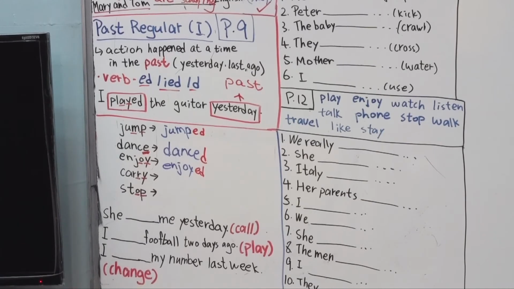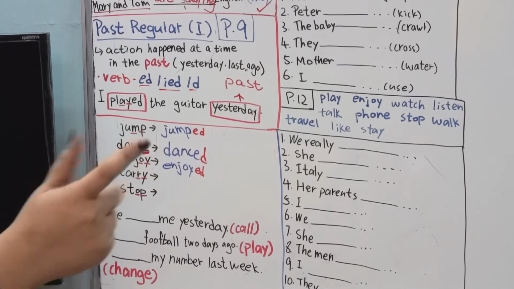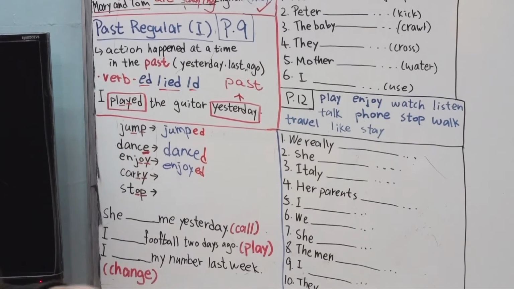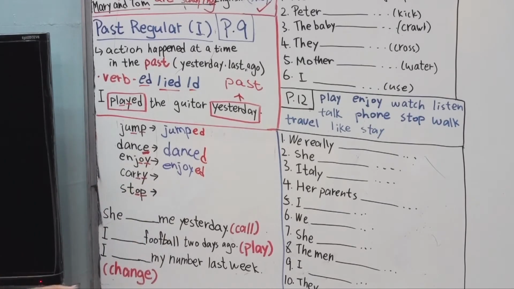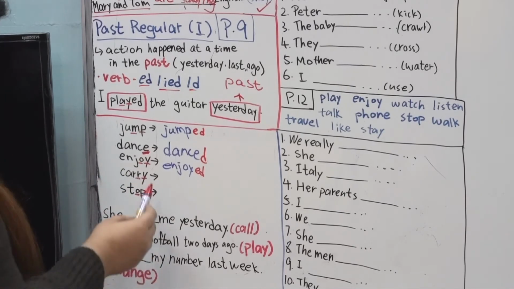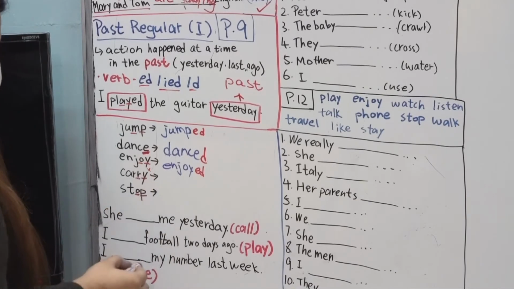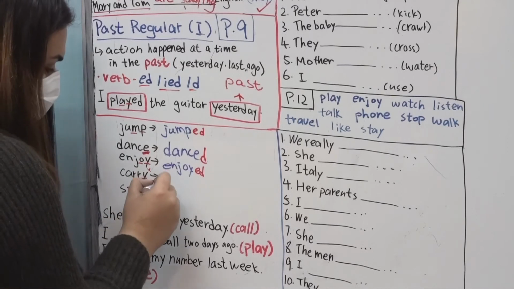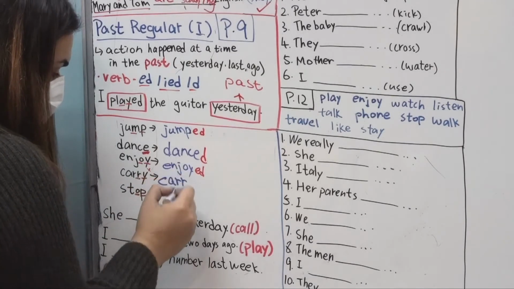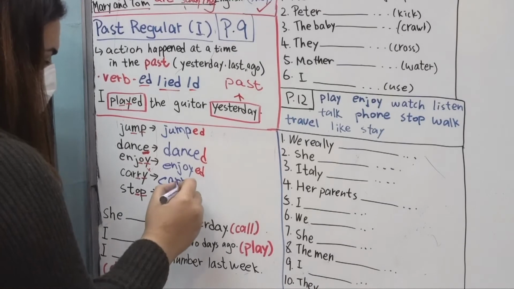A consonant means with no A-E-I-O-U sound, right? So just keep that in mind and you will remember. Consonant and Y, we have to make some changes. We have to cross out the Y and add I-E-D. Carry becomes carried. All right? Carried.